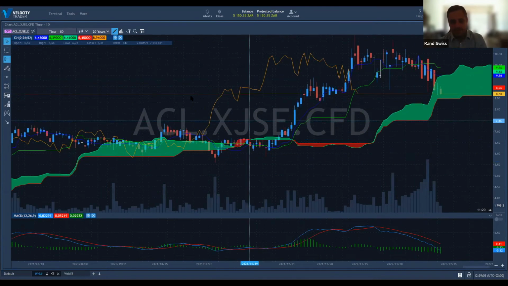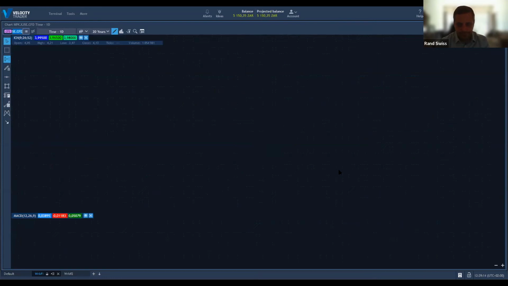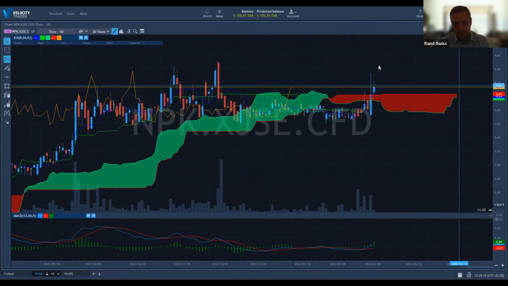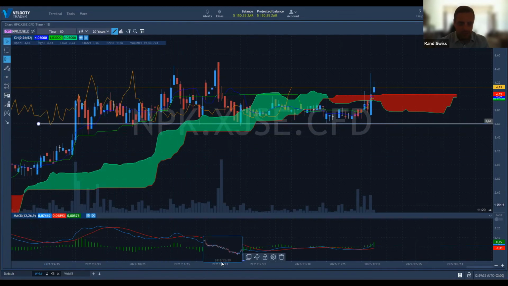Okay, then the final South African stock we're going to have a look at, Nampak. The cloud is very red at the moment. That's bearish. But if you look at the stock, it doesn't look like it really has a lot of momentum at the moment. It's just stuck in this range. Let's say 3.60 at the bottom, and then at the top, 4.20.